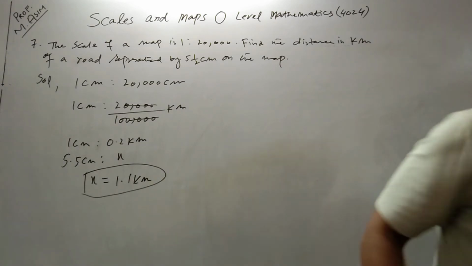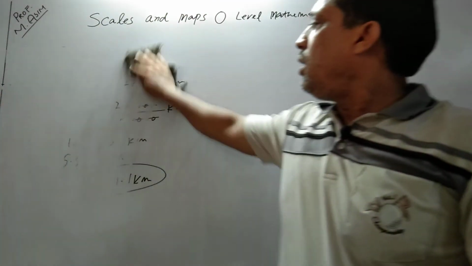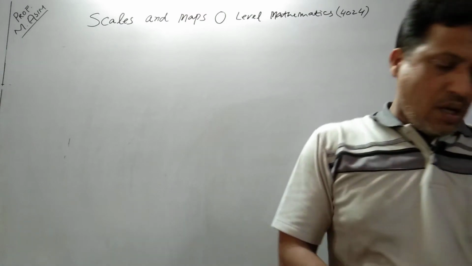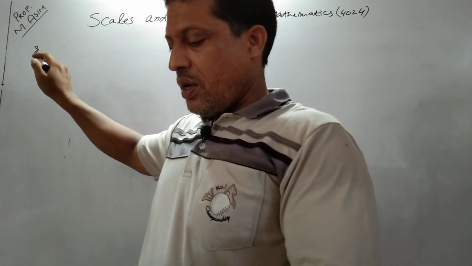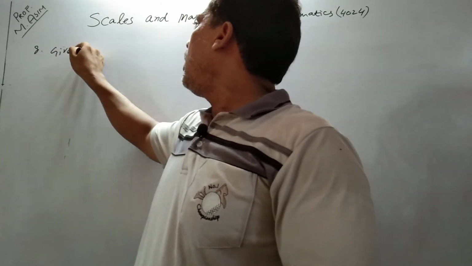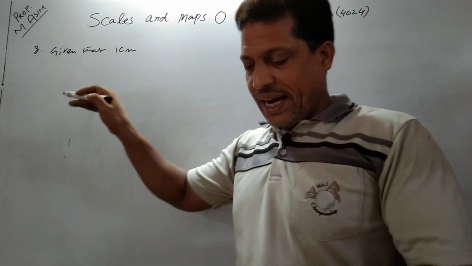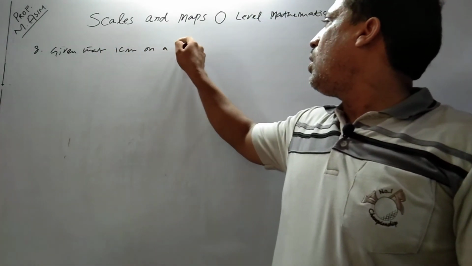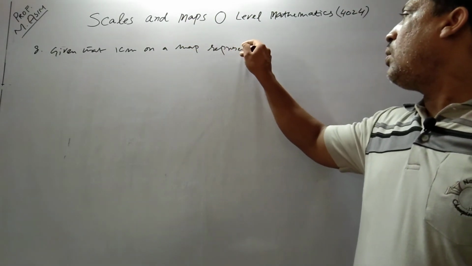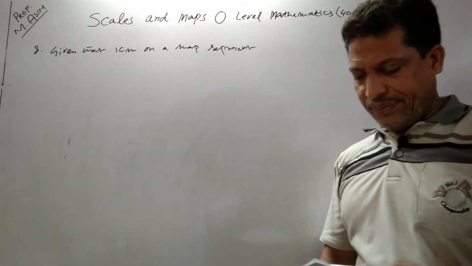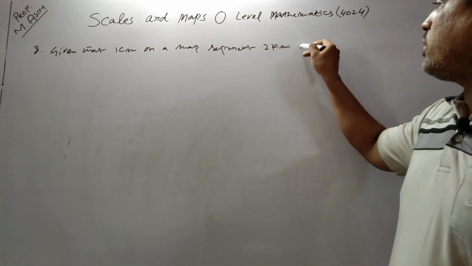Question number 8. I hope you understand. It's a very easy question. Given that 1 centimeter on a map represents 2 kilometer on the ground.